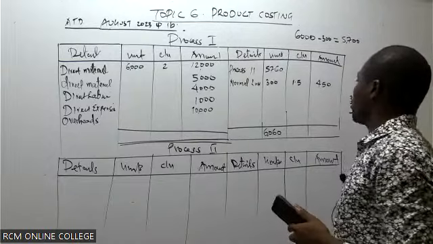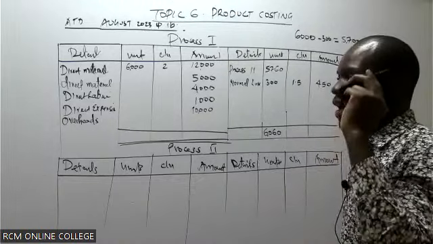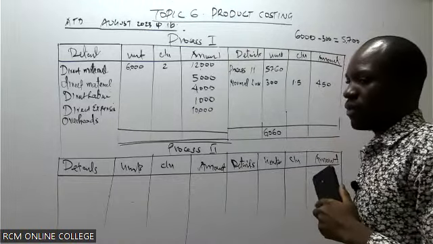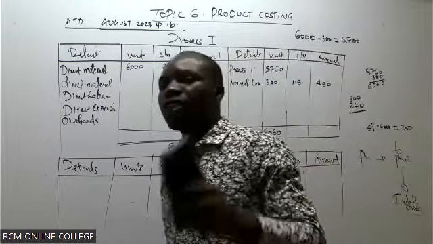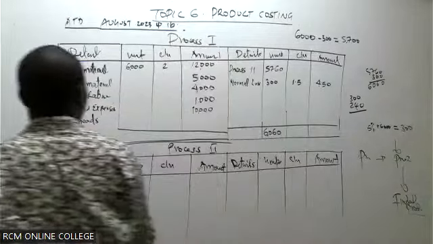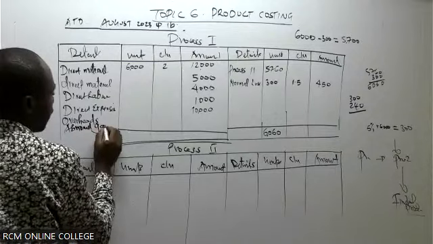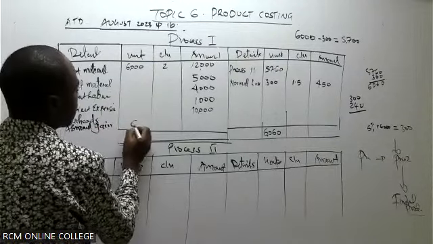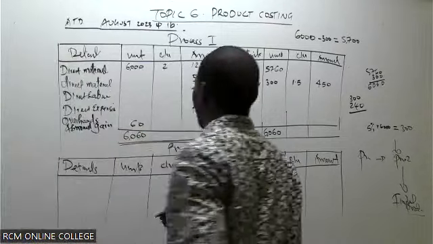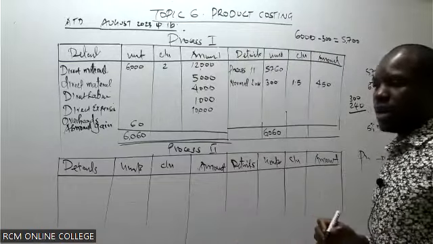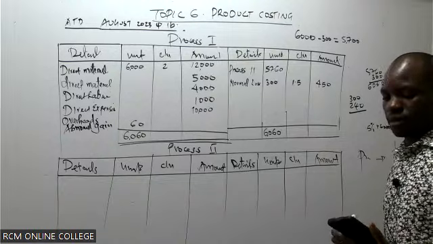So what did you receive? You have a gain. The company has a gain of how many units? That is not a usual gain. It is an abnormal gain of 60 units. Are the units now balancing?